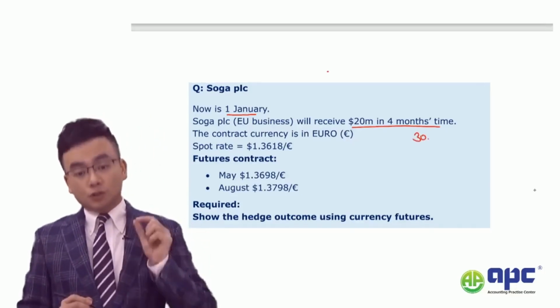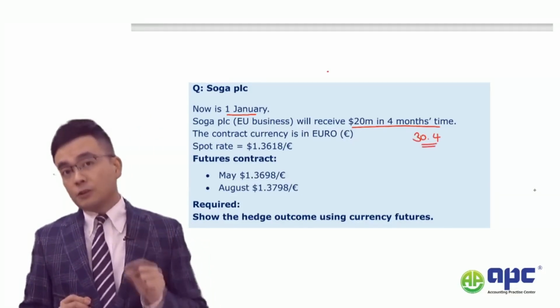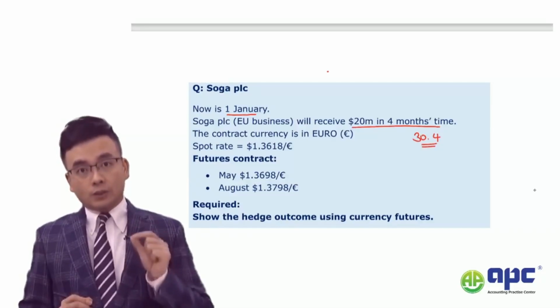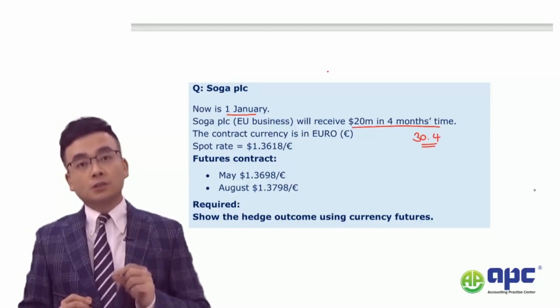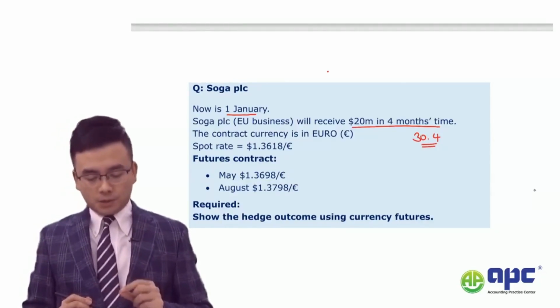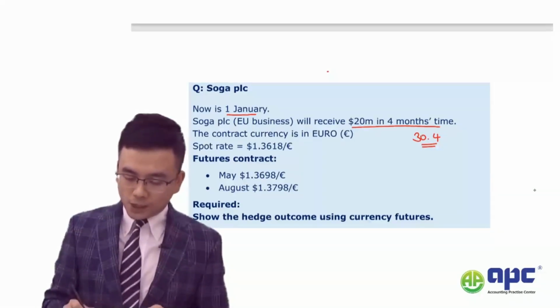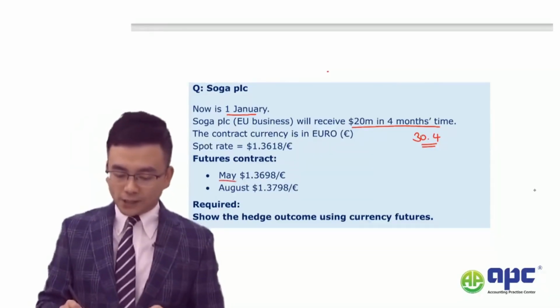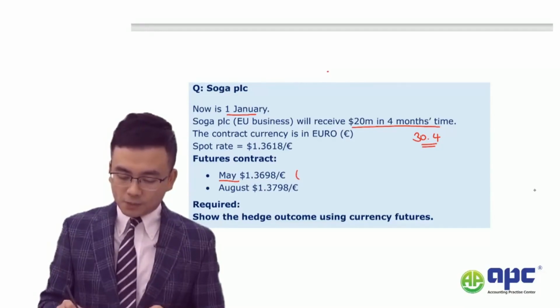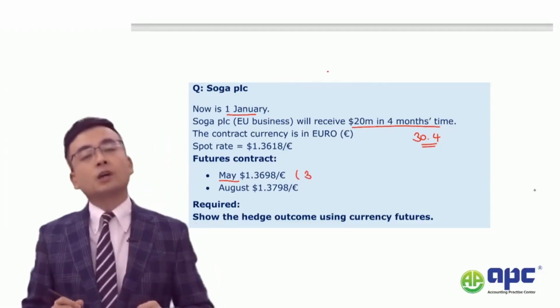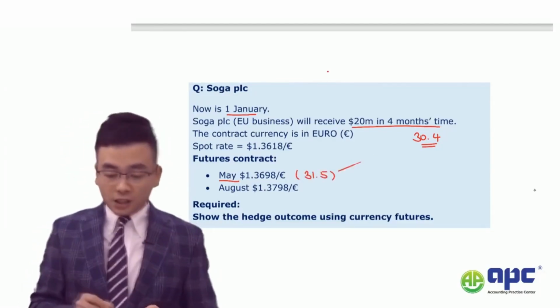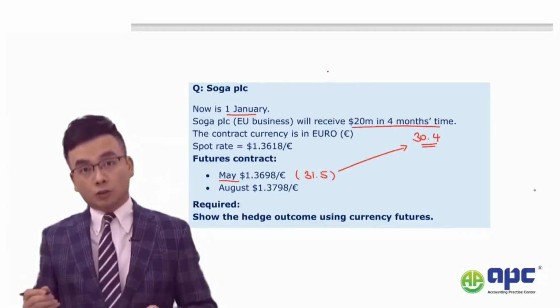So I will need to choose the futures contract which is closest to 30th April. Here we are given May and August. Of course, May, which means the futures contract will expire on 31st May, will be quite close to 30th April. So I'd like to choose the May contract.